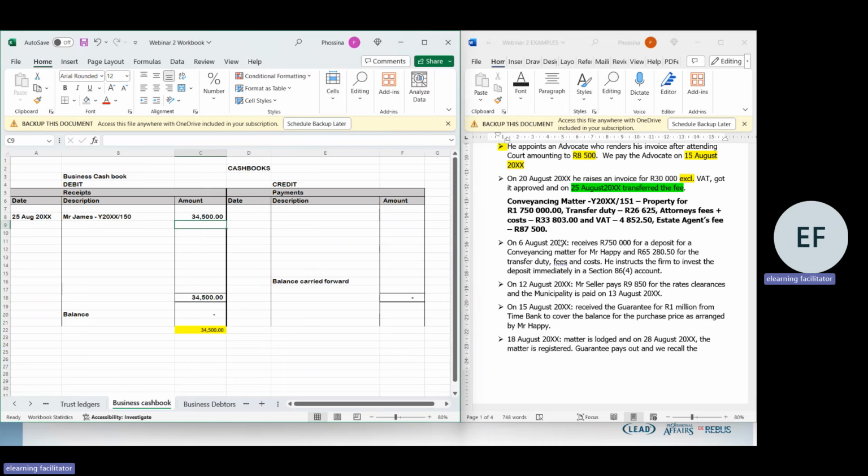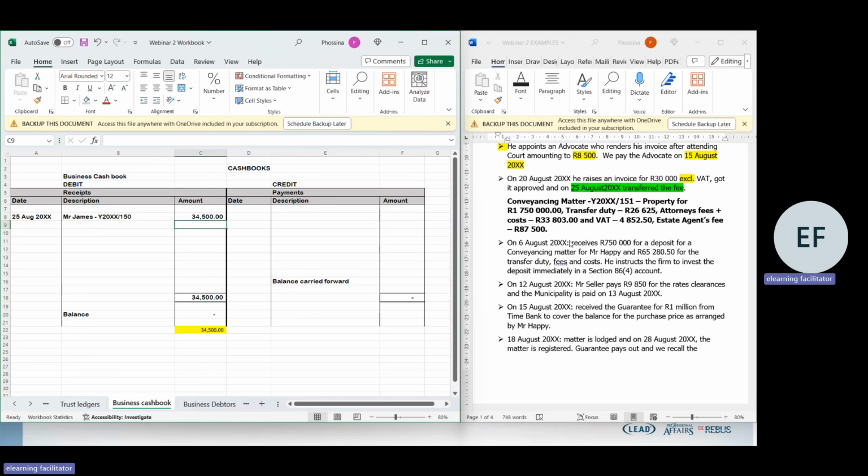Okay, and estate agent's fee, 87,500. Usually with conveyancing matters, they are referred to the practice by estate agents. So when you build your relationships with the estate agents, they then refer matters to you.